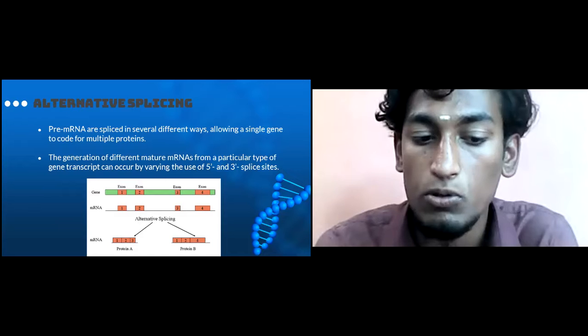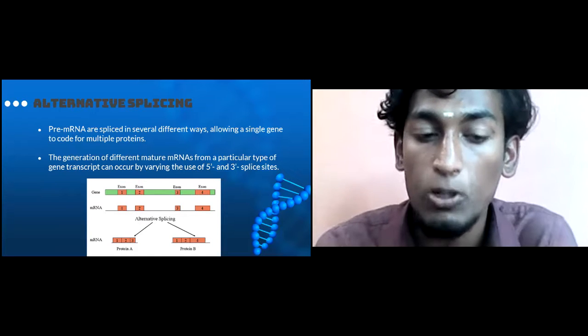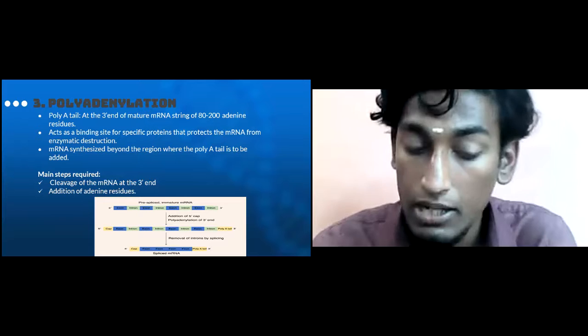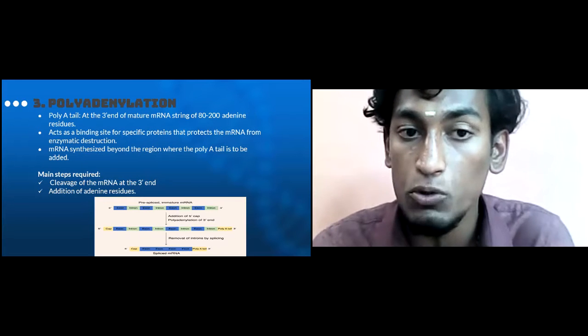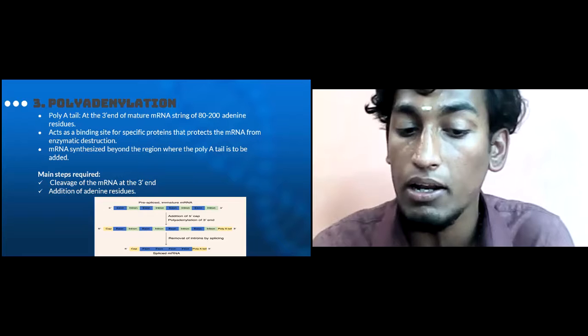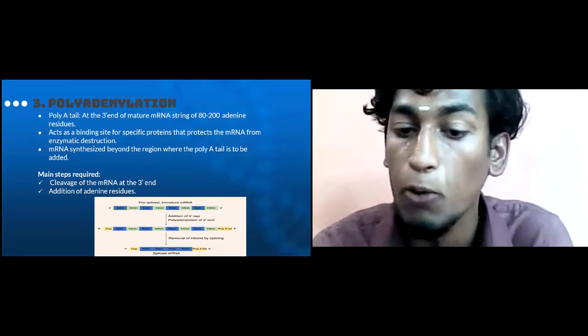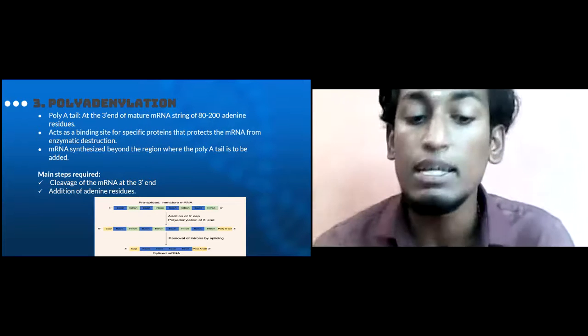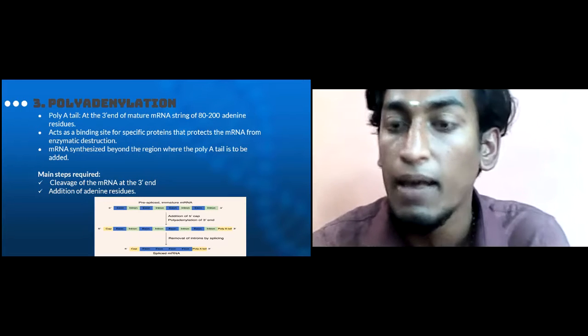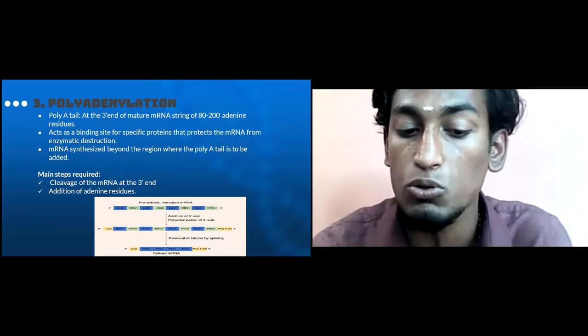Let me move on to the third process, which is polyadenylation, or the poly-A addition. The addition of 50 to 250 or even more adenine nucleotides at the 3' end, forming a poly-A tail, is the third kind of modification to eukaryotic mRNA.